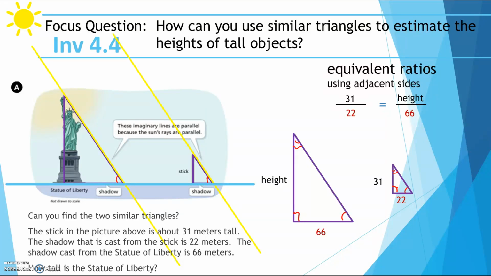So if I multiply both the numerator and denominator by 3, I get an equivalent fraction of 3 times 31, which is 93 over 66. So the height here is 93 meters.